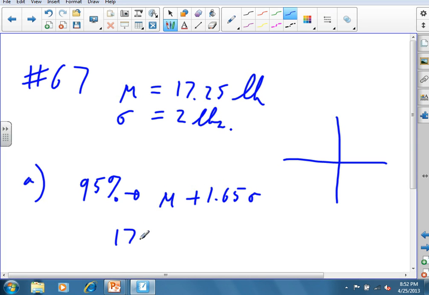Okay, 17.25 plus 1.65 times 2. This is too easy. Of course, if I put the wrong number in my calculator, it won't matter that it's too easy. .6.